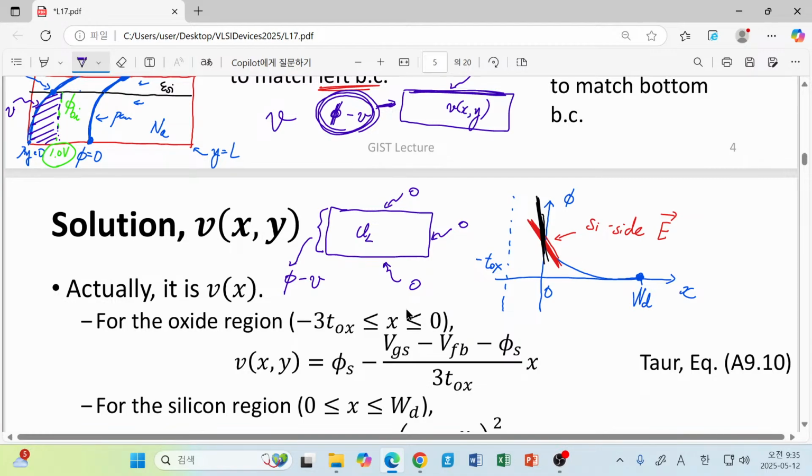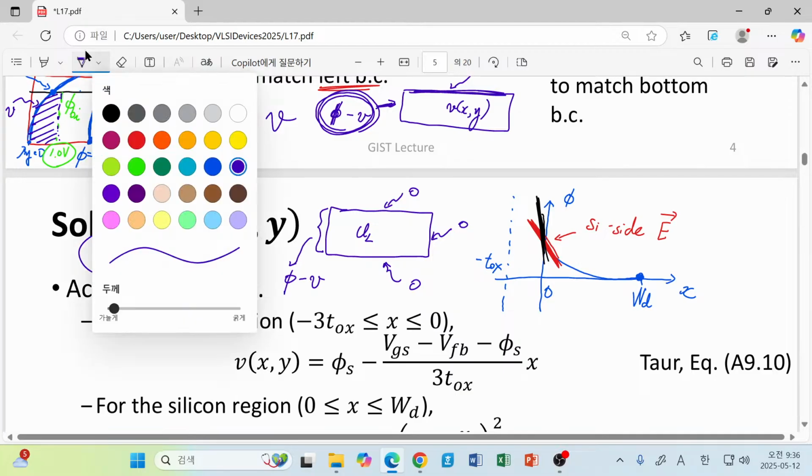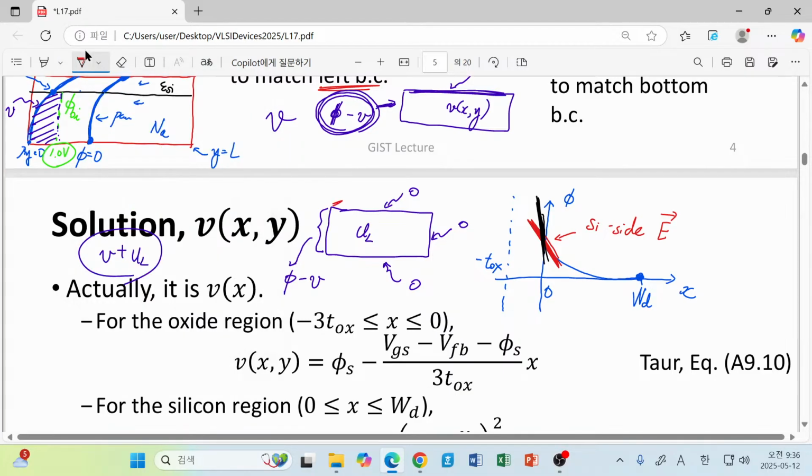Then by combining these two, V and u sub L, what will happen? If we adopt this kind of combined solution, then we will be quite happy with this top side and left side, but unfortunately we still have disagreement on our right side.